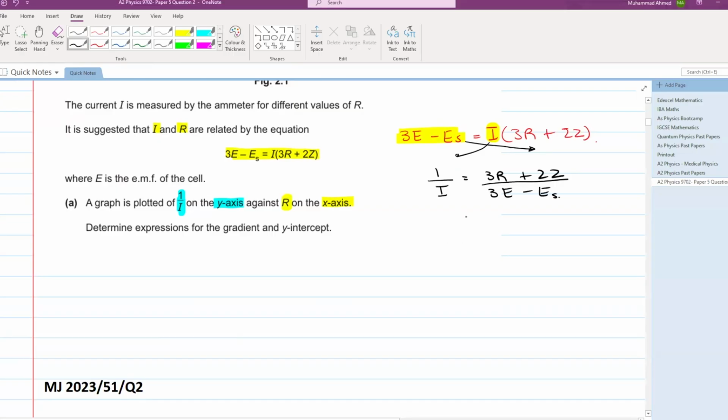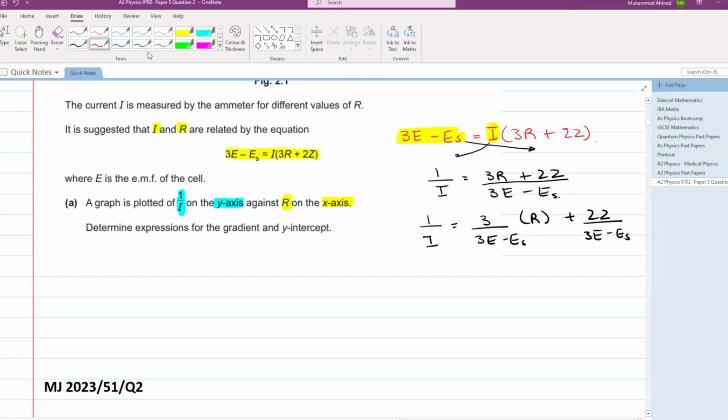Let's further break this up. 1 over current is equal to 3 divided by (3E minus Es), bracket R, plus 2Z divided by (3E minus Es). Basically, what have I done? I have split the denominator, and I have split the numerator 3R and 2Z separately.